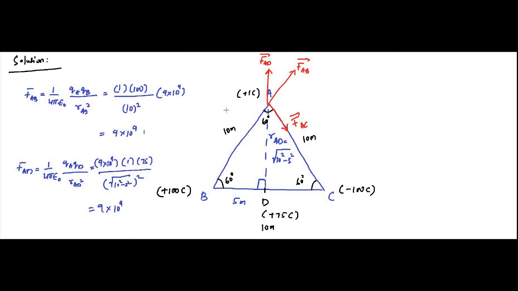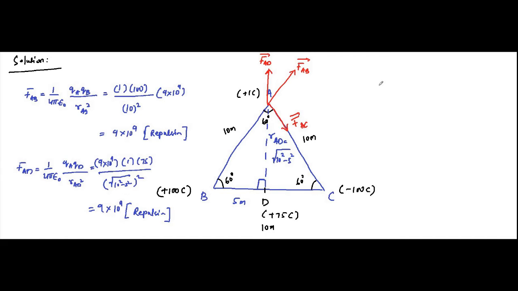FAB between charges placed at A and B is repulsion, because both the charges have same sign, like charges. And FAD also, plus 1 coulomb and plus 75 coulomb, both are positive, so that will also be repulsive in nature. FAB and FAD are repulsive in nature.